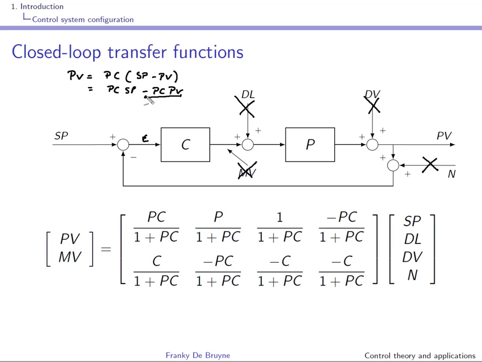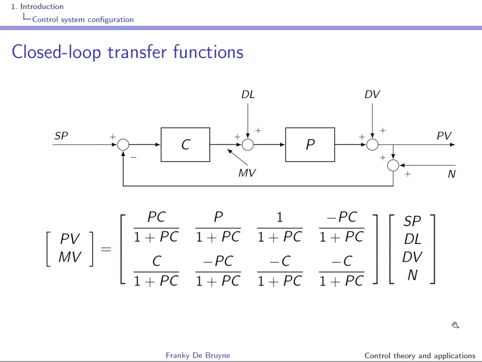We take this one on the other side, and we have 1 plus PC acting on PV is equal to PC set point, right? And we have indeed that PV is PC over 1 plus PC acting on the set point.